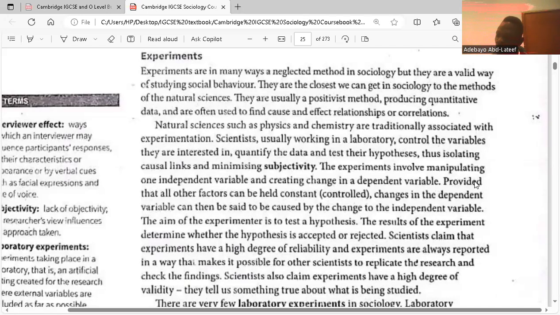Changes in the dependent variable can be said to be caused by the change to the independent variable. The one that is remaining constant is independent, and the one that we're using is dependent. The dependent variable needs to work with the independent variable.